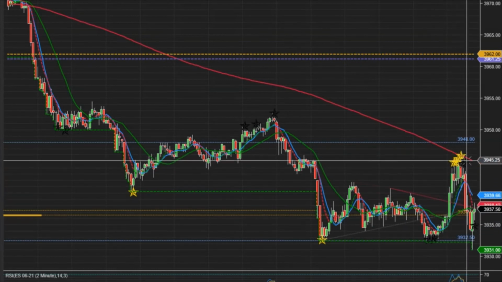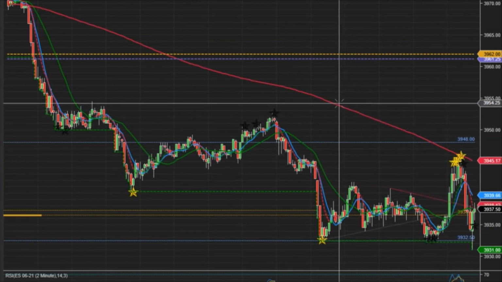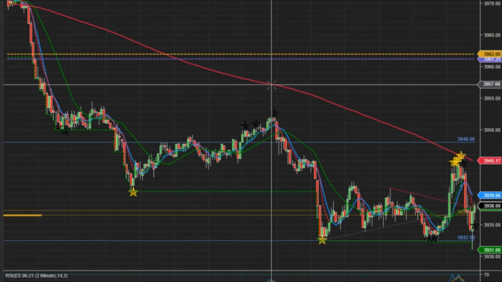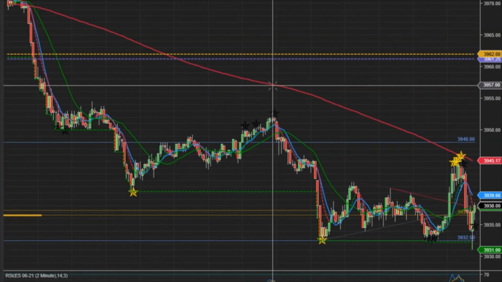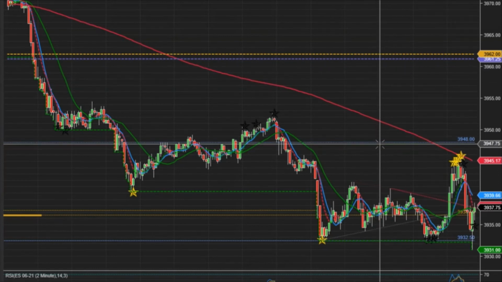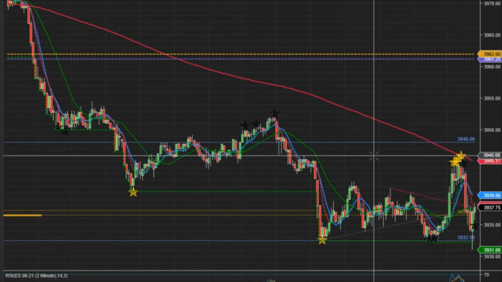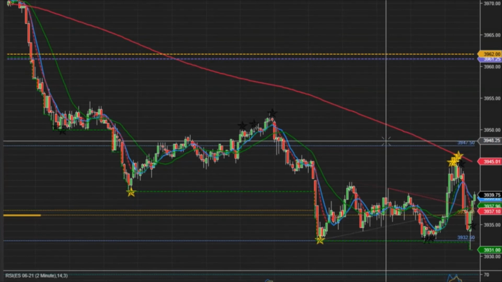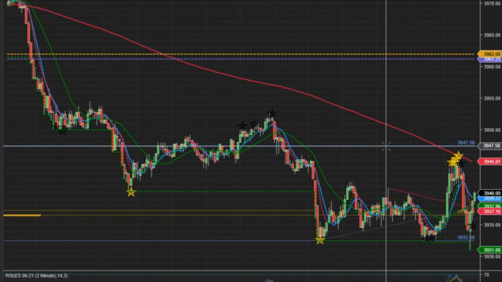And then there's again, here's a 200 SMA moving average right here, and these little blue dotted lines right here, small blue dotted lines, that's my volume profile, which printed here.